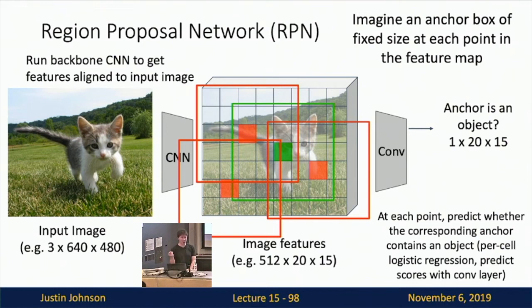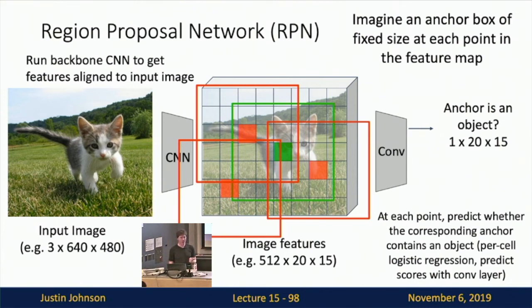And because there's one anchor box per point in this image level features, we can output these positive and negative scores with just another convolutional layer, by maybe attaching a single one-by-one convolution that outputs a positive and negative score for whether or not that corresponding anchor should contain an object or should not contain an object. And then we could train this thing using a softmax loss with two categories. Yes being there should be an object here, and no being there's no object here.